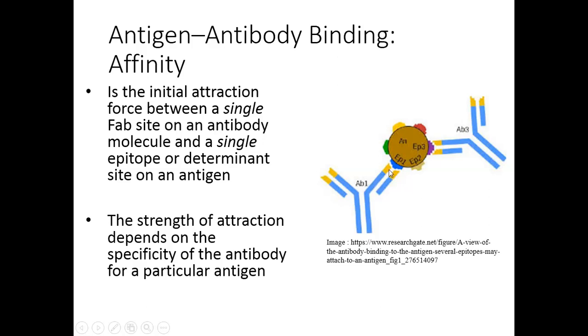Very simply put, one FAB binds to an antigenic determinant, and that initial attraction that brings them together is called affinity. The strength of that affinity is going to depend on how specific and how well designed this FAB region is for that particular epitope.